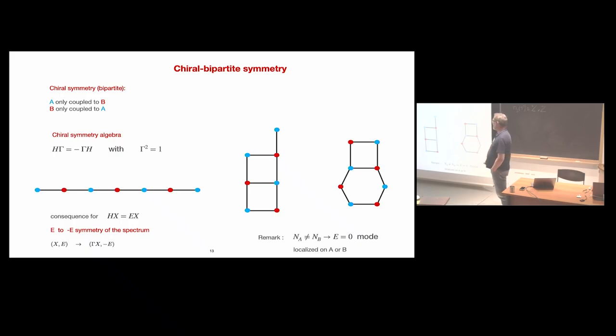So what is typically bipartite and thus chiral is any 1D chain, anything that you can put on a rectangular grid, then any polygon with an even number of edges.